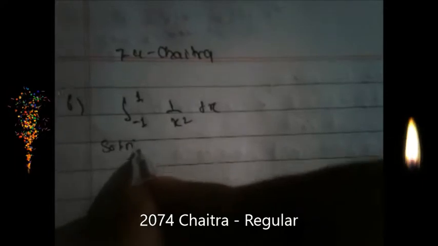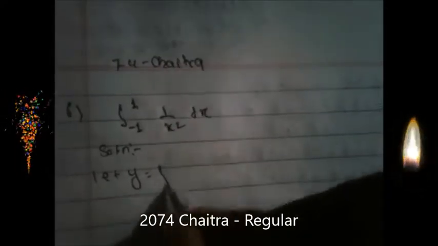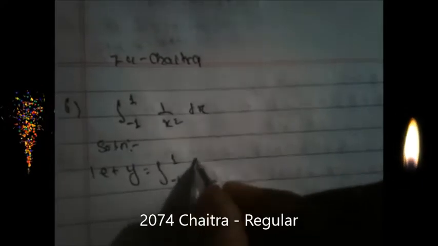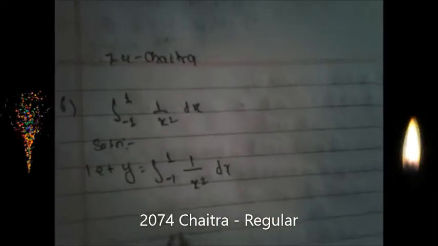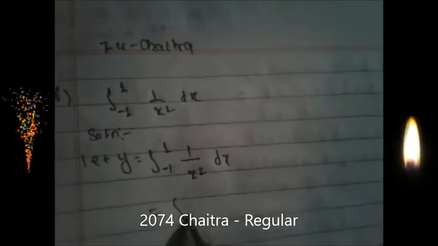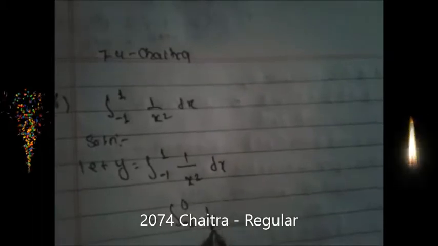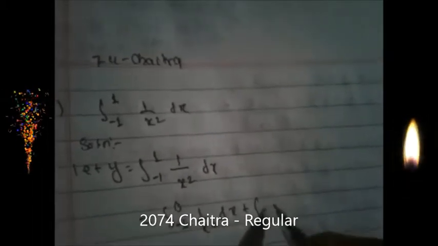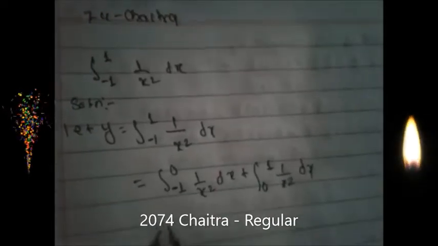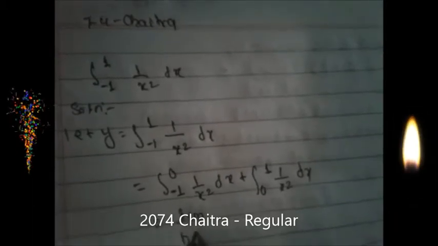Solution: let y be equal to the integration from -1 to 1 of 1 upon x square dx, which is equal to, first we split it, the integration from -1 to 0 of 1 upon x square dx plus the integration from 0 to 1 of 1 upon x square dx, which is equal to the limit as h tends to 0.